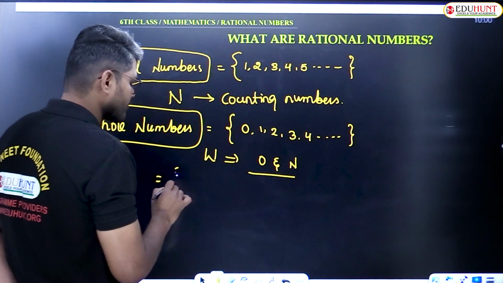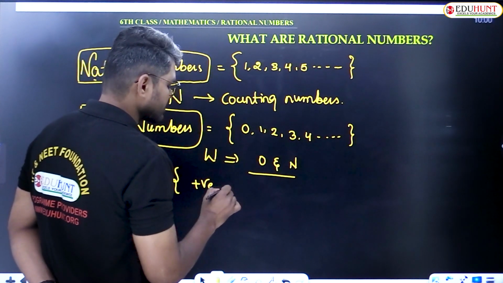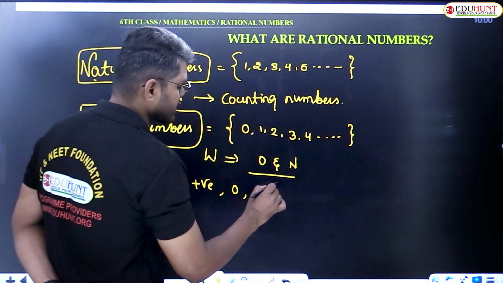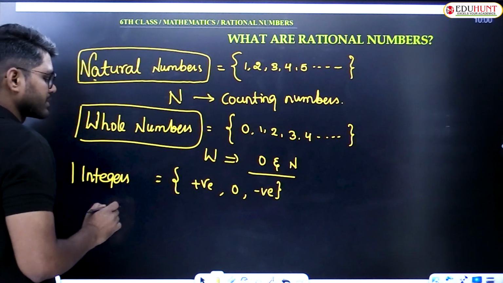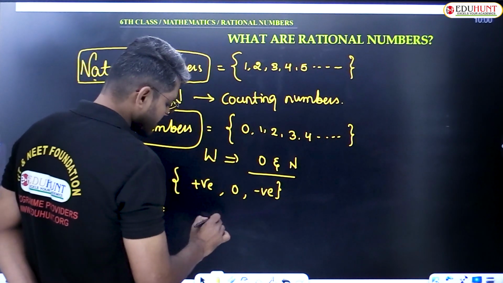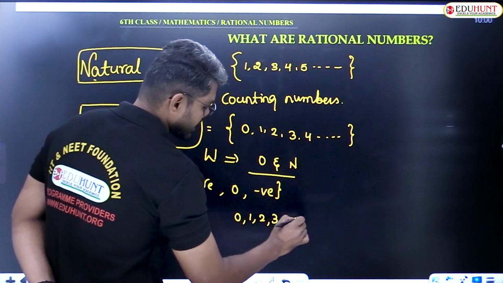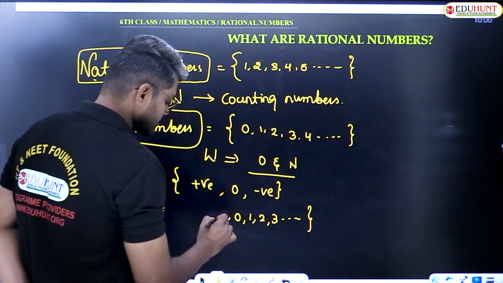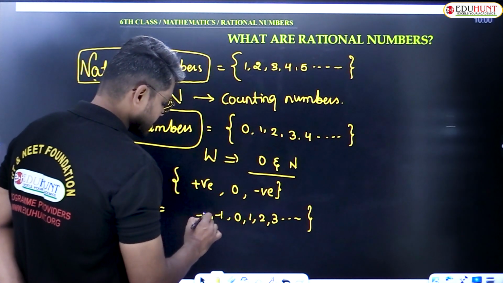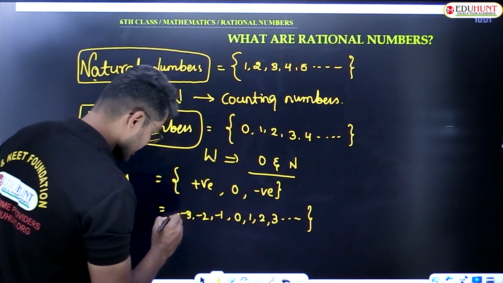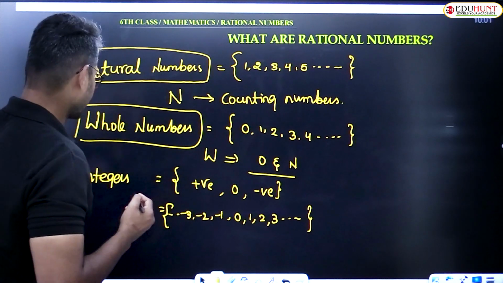Integers is a set of positive numbers, 0 and negative numbers. How can we represent this one? This is 0, 1, 2, 3 and so on like this. This is -1, -2, -3 and so on like this.